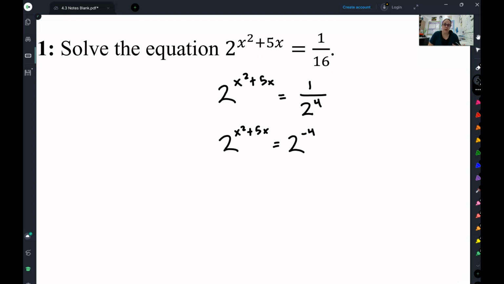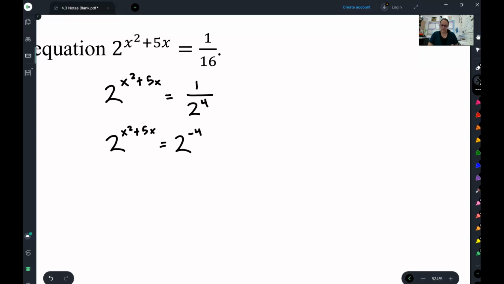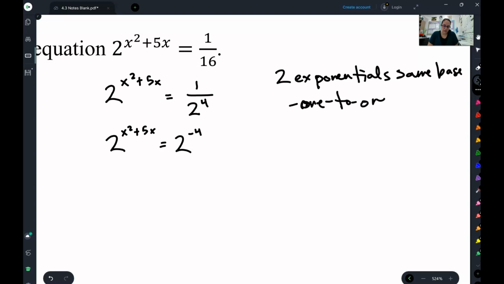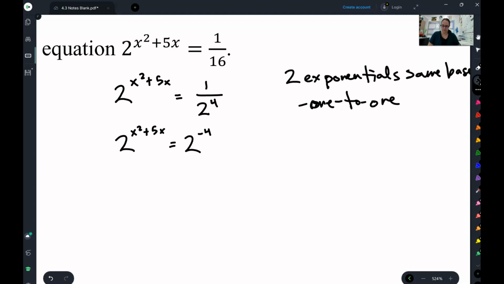That's always a pretty good hint: if you can get two exponentials of the same base, then you can use 1-to-1, and it's way easier to solve.